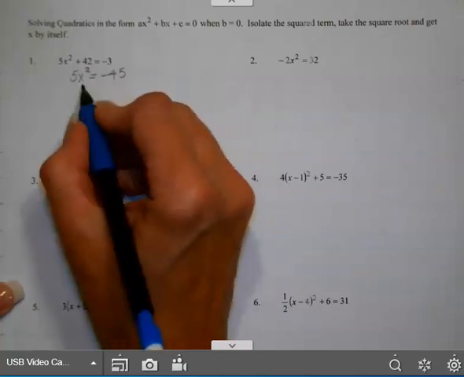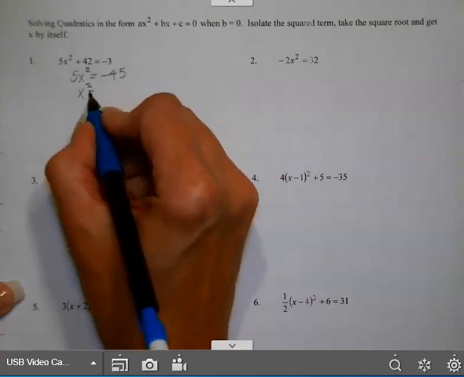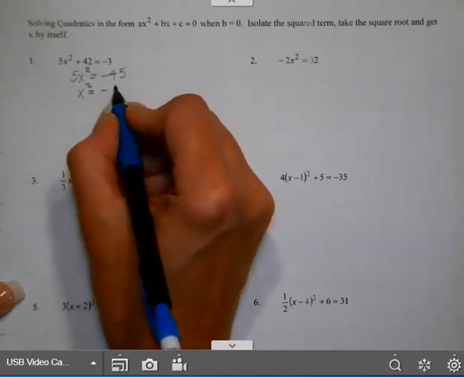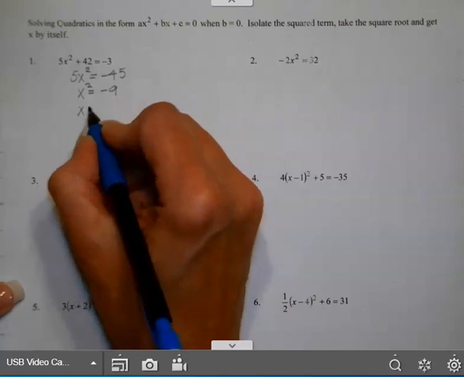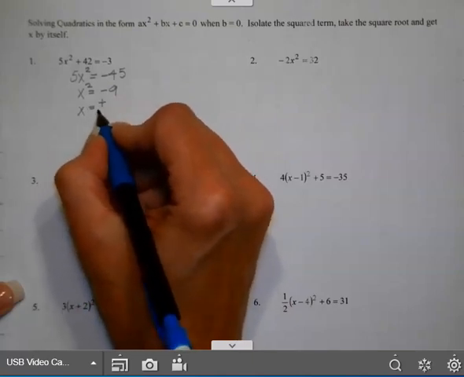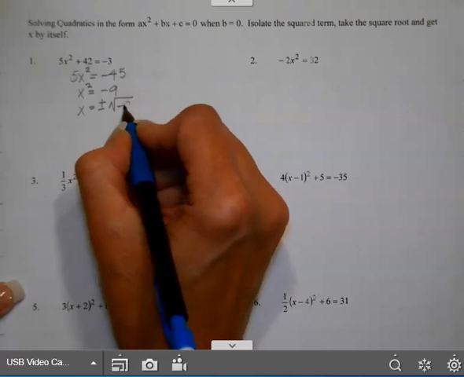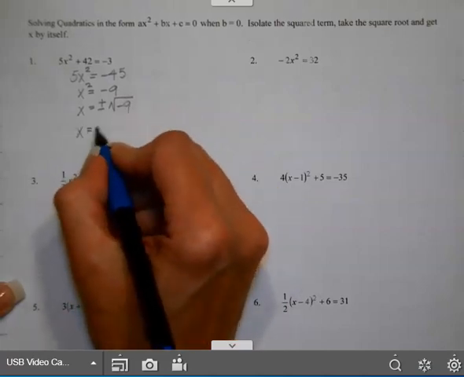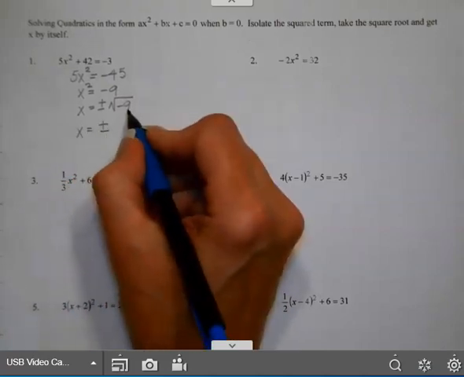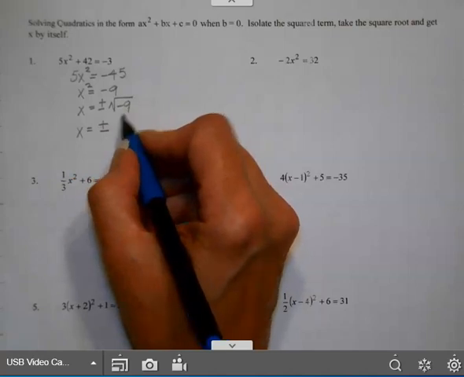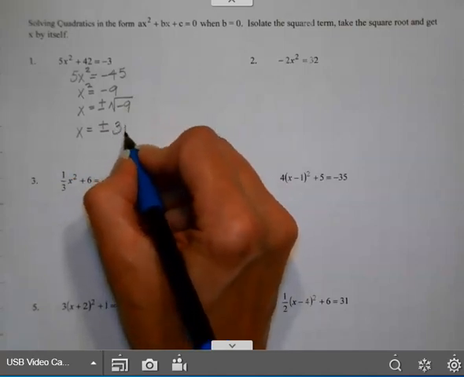I'm going to divide both sides by 5. So x squared equals negative 9. And then when I take the square root of both sides, I get plus or minus the square root of negative 9. And square root of the negative is i, and square root of the 9 is 3. So that'll be 3i.